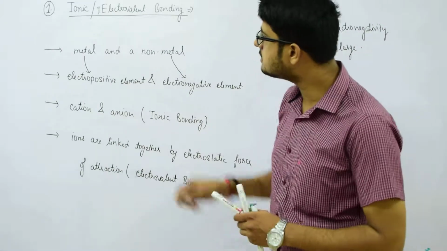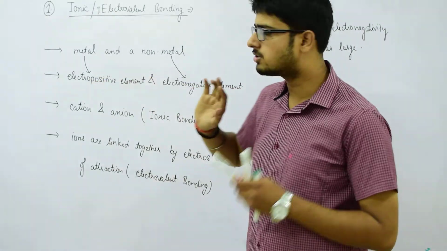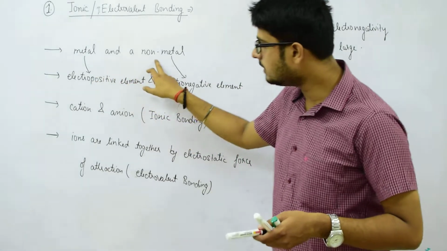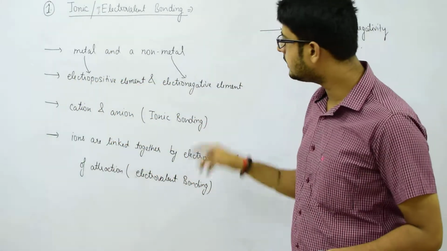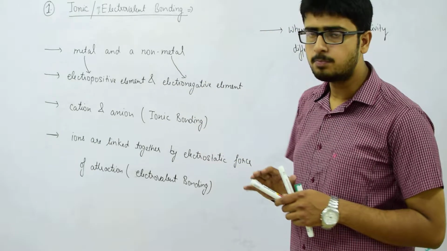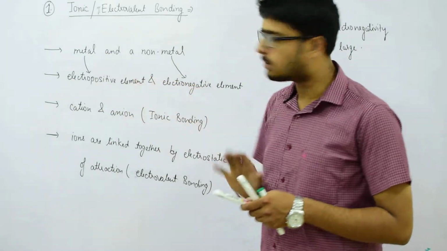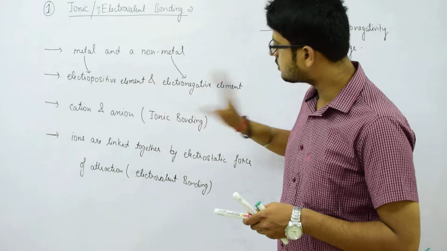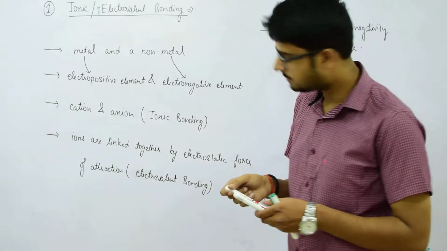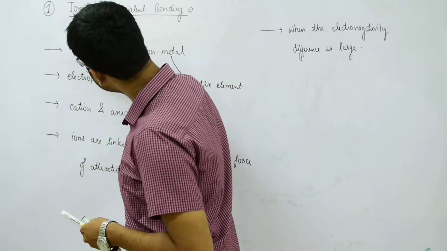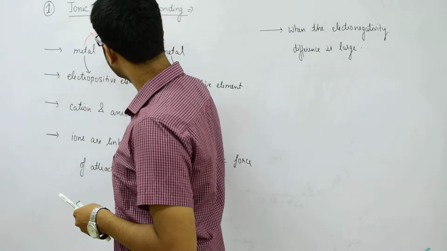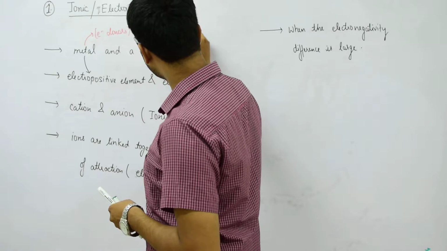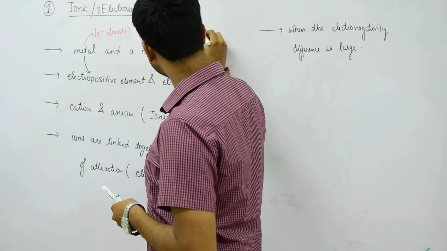The first one is that it is always formed between a metal and a non-metal, or we can say between an electropositive element and an electronegative element. Metal is called electropositive element and non-metal is called electronegative element. Metals are electron donors and non-metals are electron acceptors.